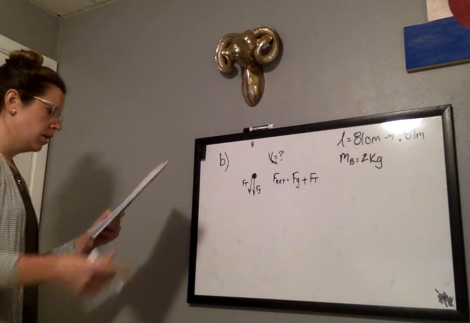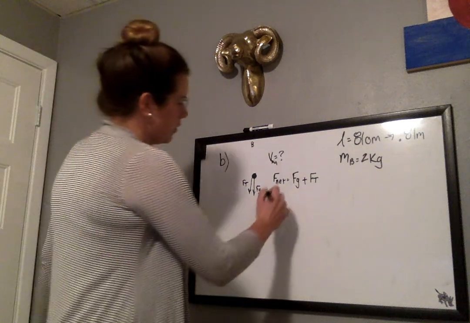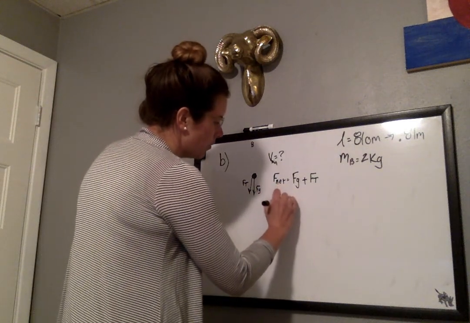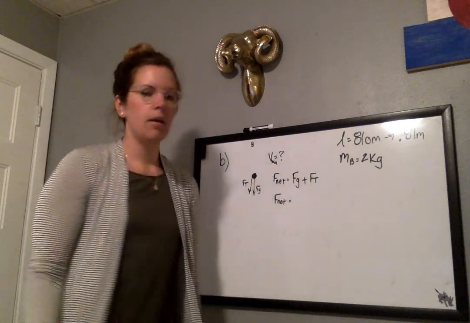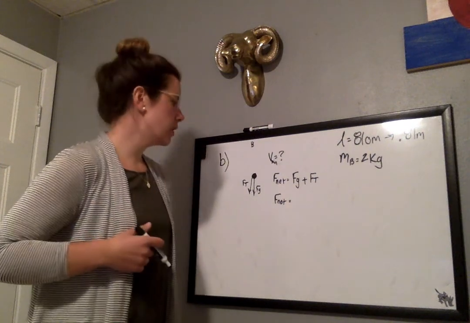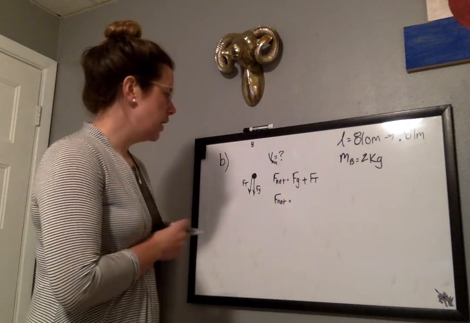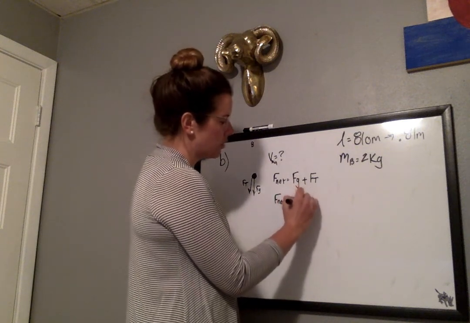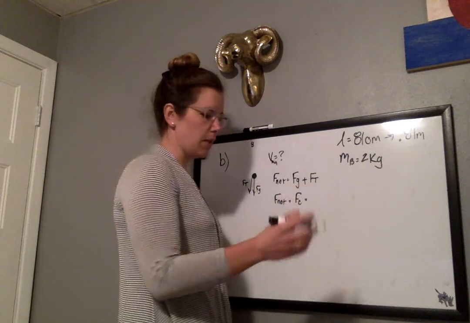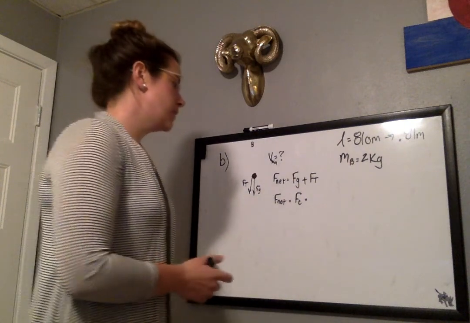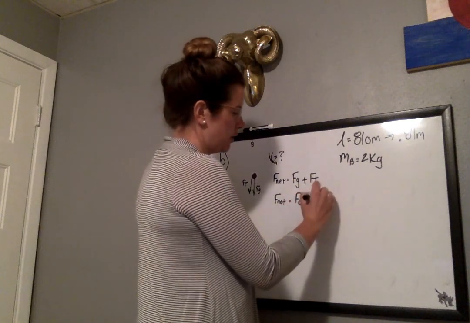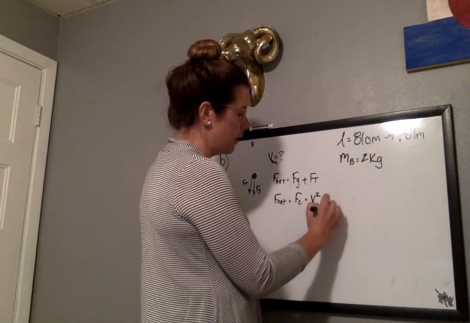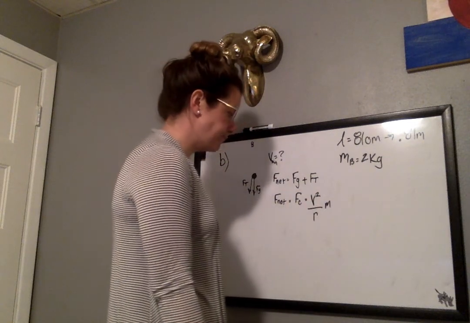Cool. We also know that because it is moving in a circle, when objects rotate in uniform circular motion, the net force, F equals ma, in this case is going to be the centripetal force. It's going to keep it moving in that circle. Centripetal force is V squared over R times the mass.